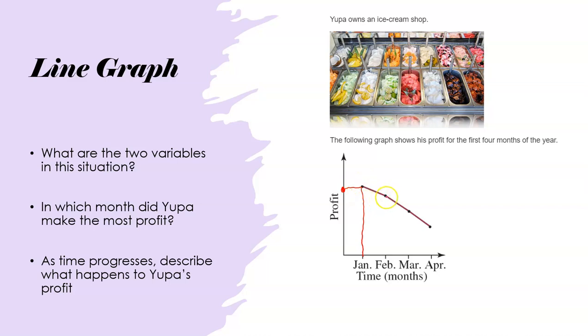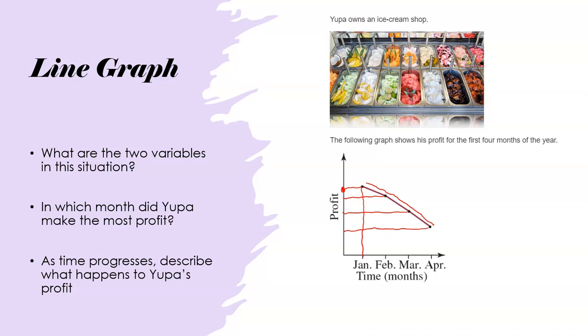In February, the profit isn't as high. In March, it's not as high again. And then in April, we have the least profit. We can see that the graph is decreasing as time goes on.